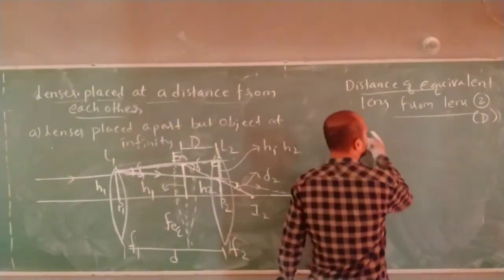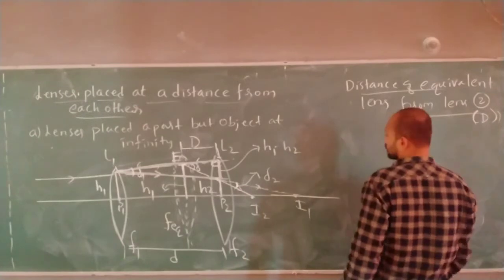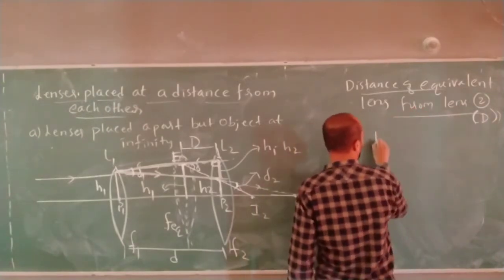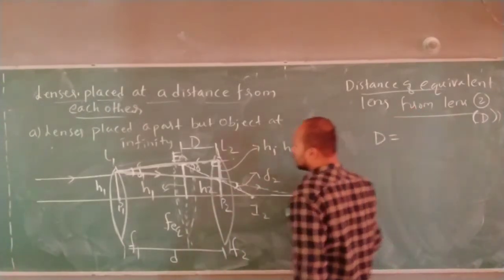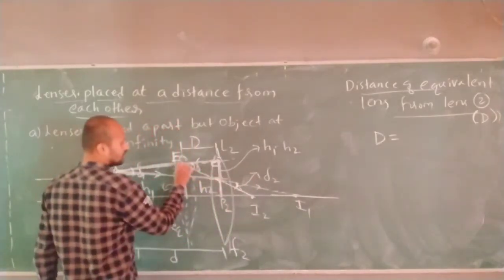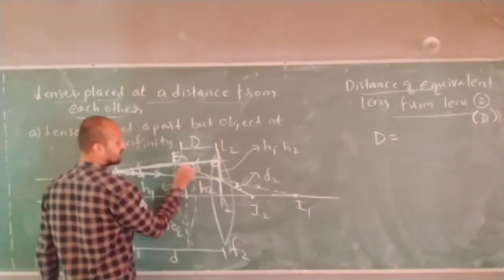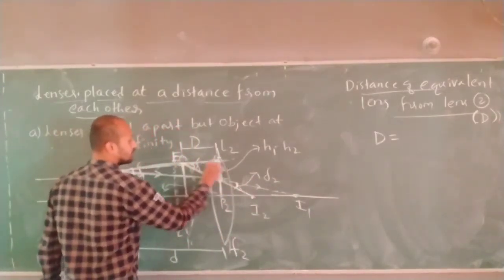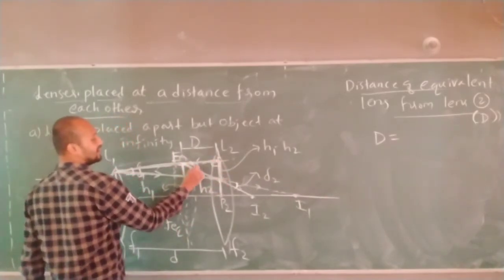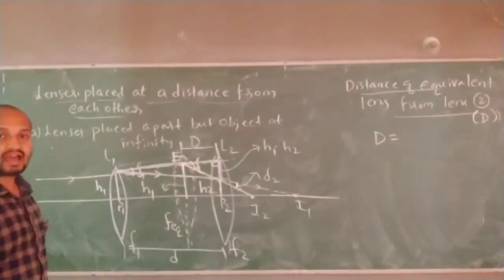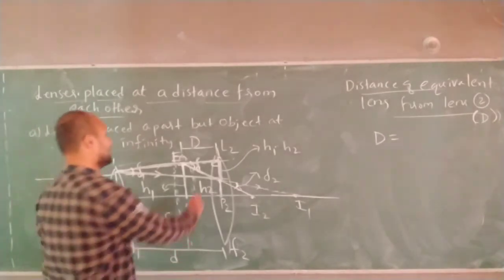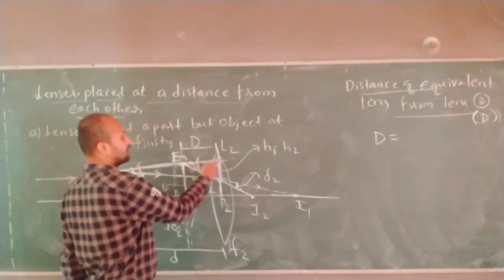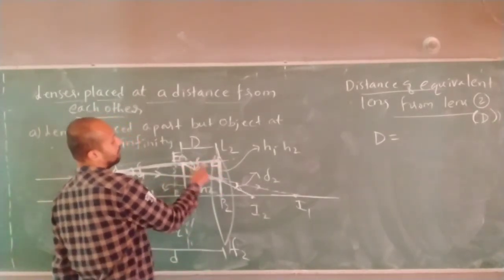Correct now? So D is equal to, look at this triangle. From this triangle, this angle is dou. This is 90 degrees. This is the opposite side, and this is my base.